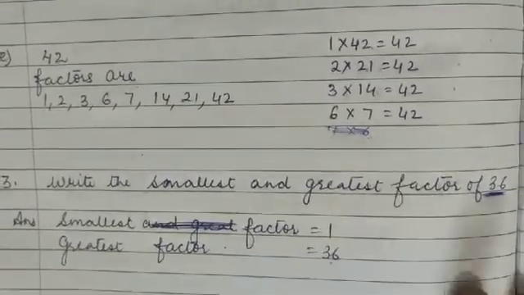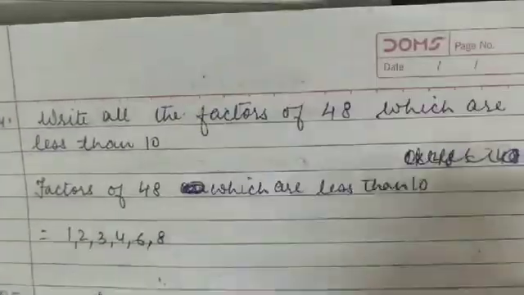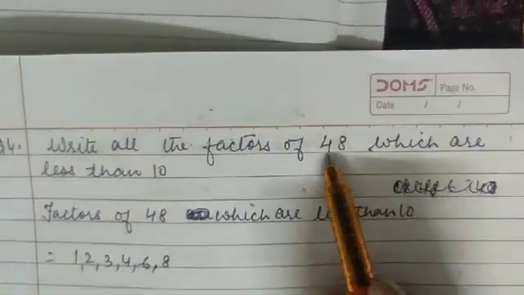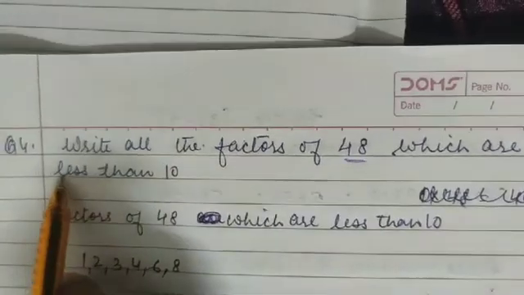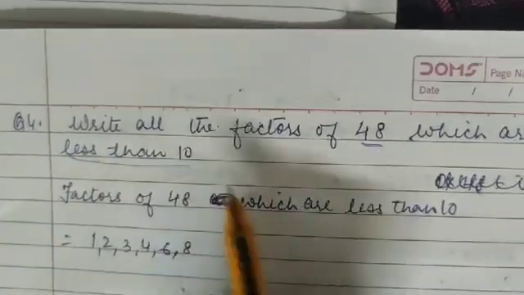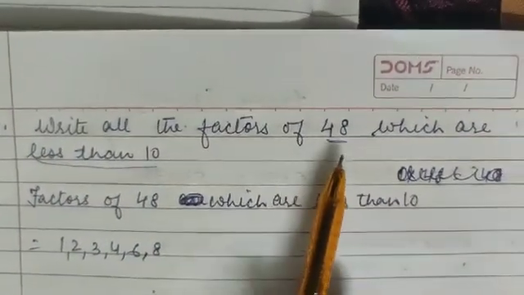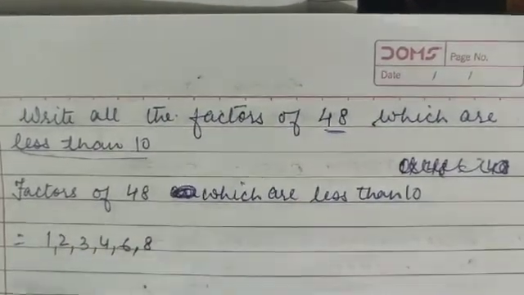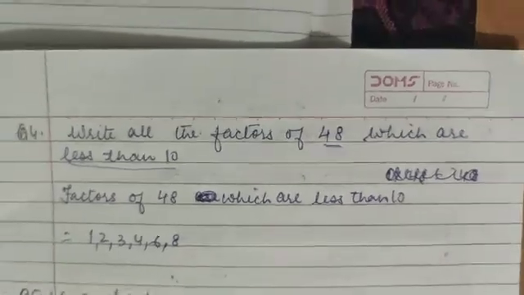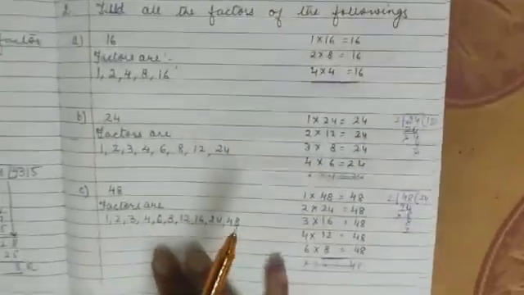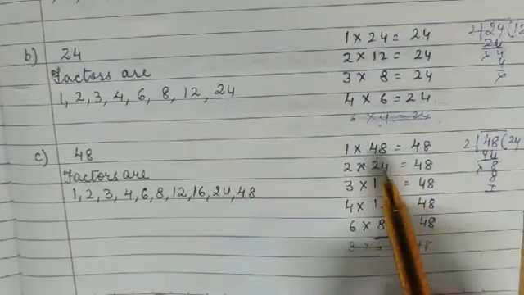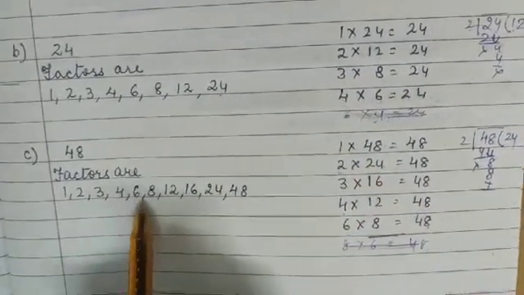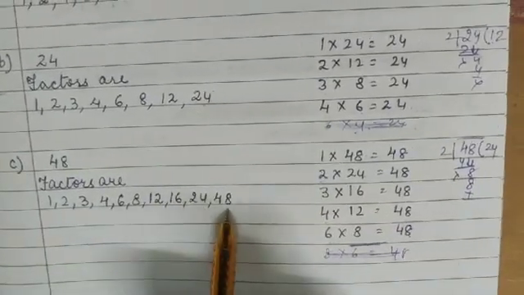Okay. Now the next question is question number 4. Write all the factors of 48 which are less than 10. Meaning first of all you find the factors of 48 and you have to write the answers which are less than 10. We have already done this question and got the factors of 48: 1, 2, 3, 4, 6, 8, 12, 16, 24 and 48.